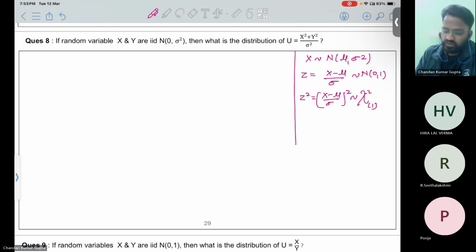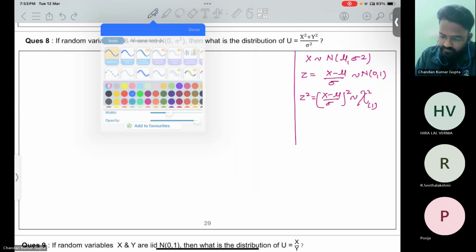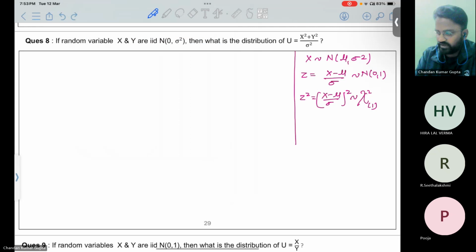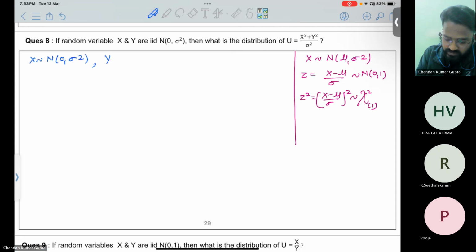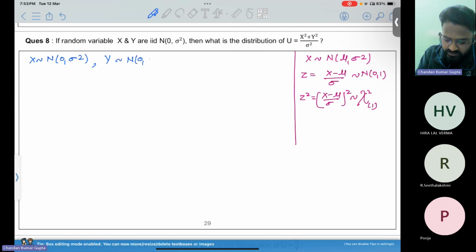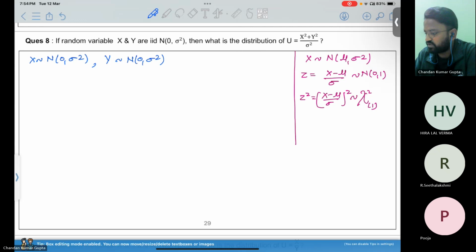So here it is given like x follows normal 0, sigma square, y follows normal 0, sigma square.